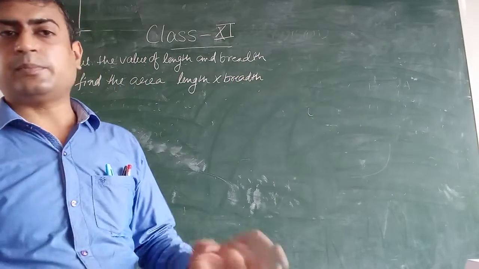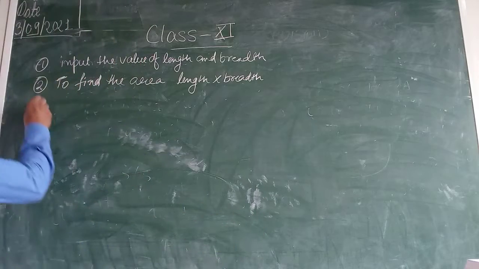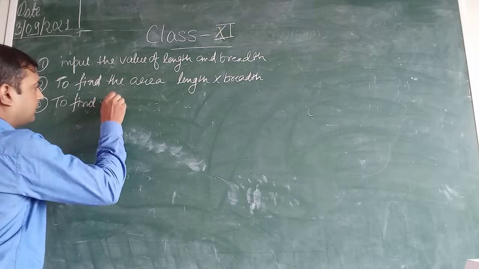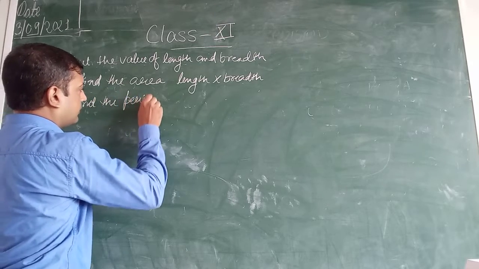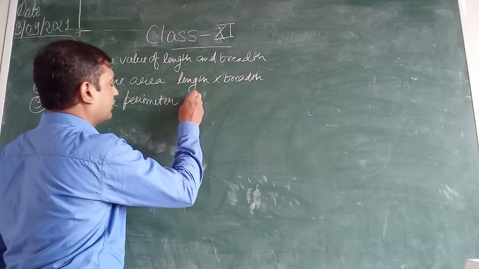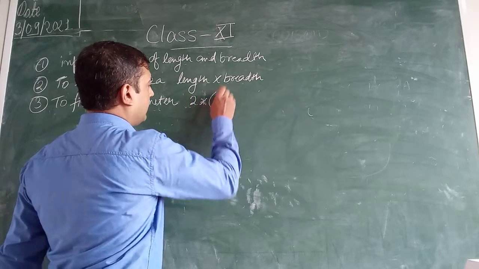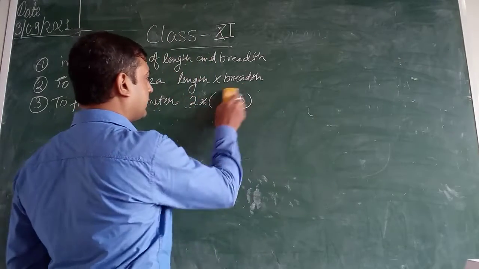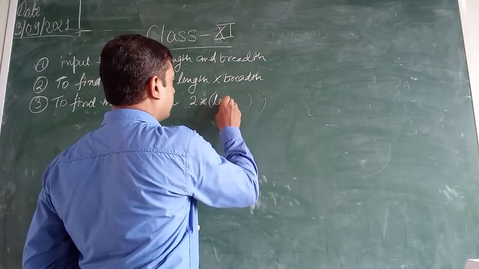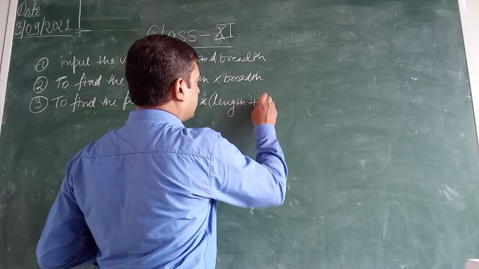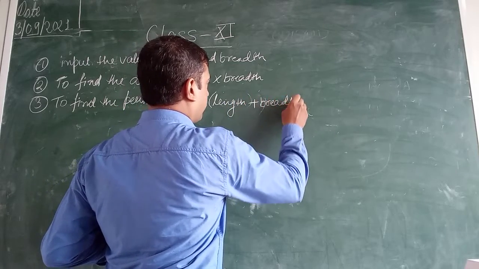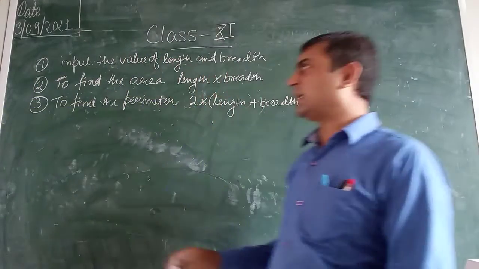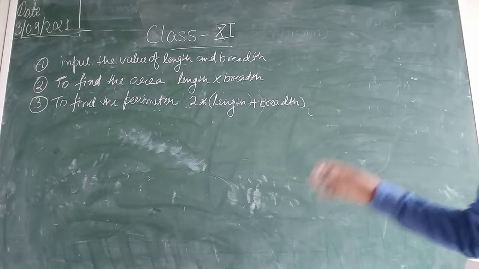In simple English you write the program length into breadth. Third, to find the perimeter, 2 into L plus B. Length into length plus breadth. You have calculated area, you have calculated perimeter also.